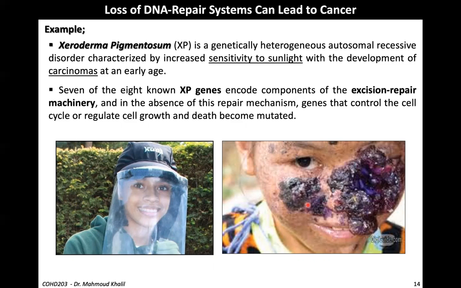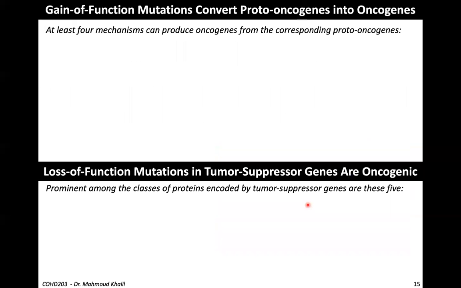They found that once there is a mutation in 7 of these XP genes, this will lead to the absence of the excision repair mechanism, which controls the cycling of the cells and regulates cell growth and death. So any defect in these 7 of the 8 XP genes will lead to xeroderma pigmentosum.